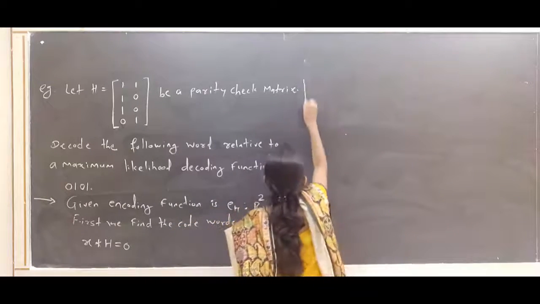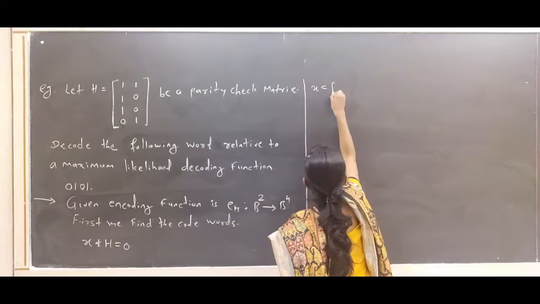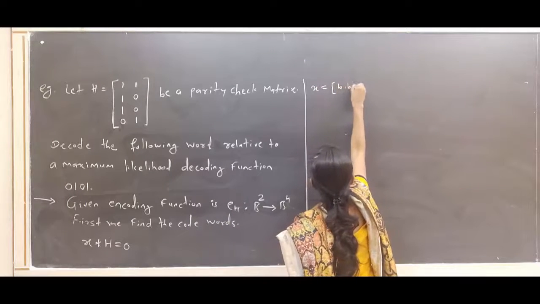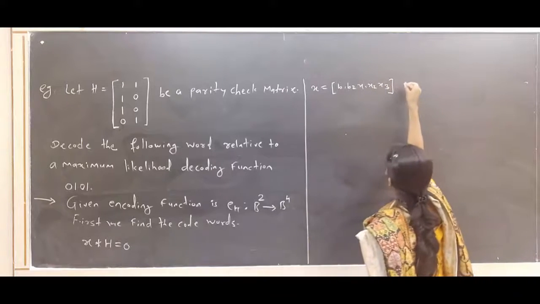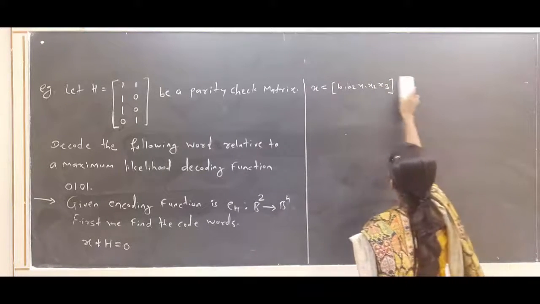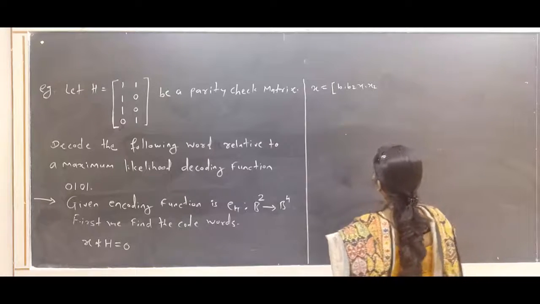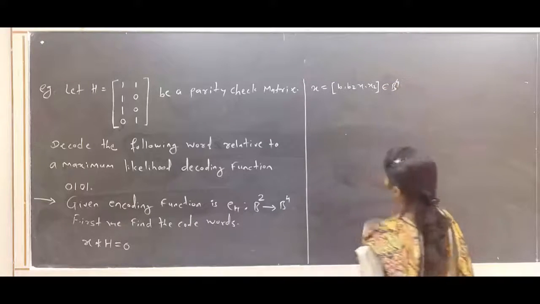Now here x = (b1, b2, x1, x2), which belongs to B^4.